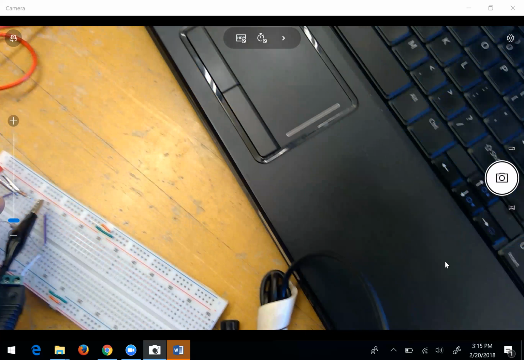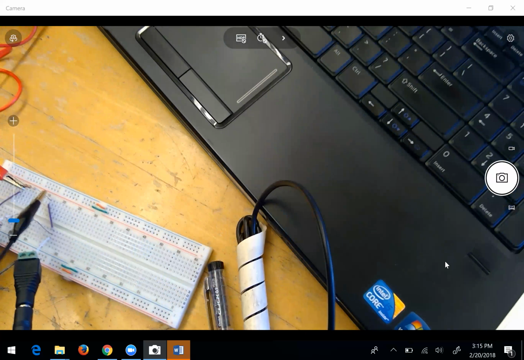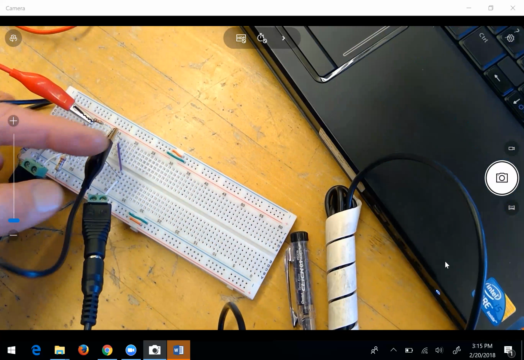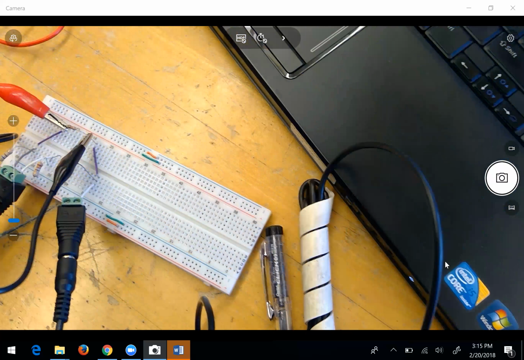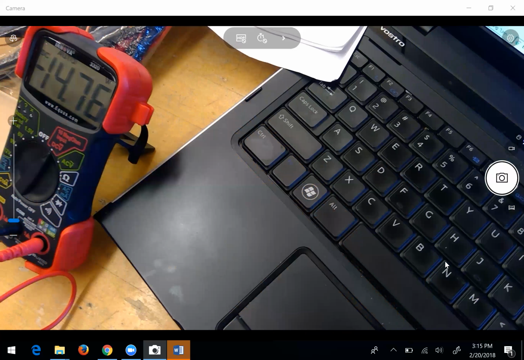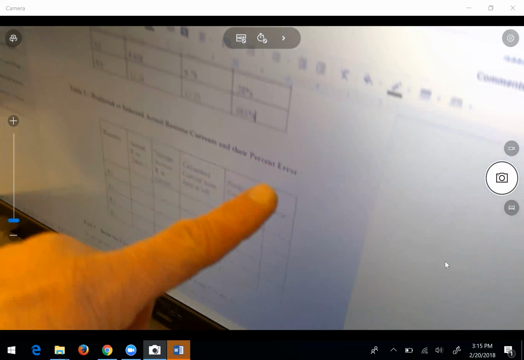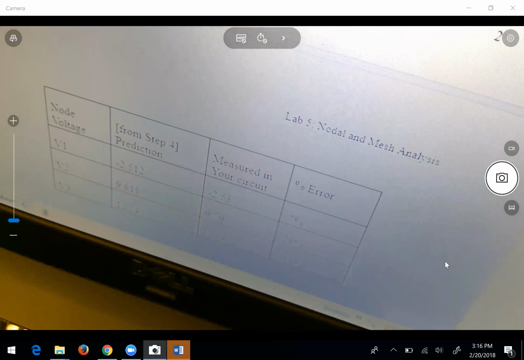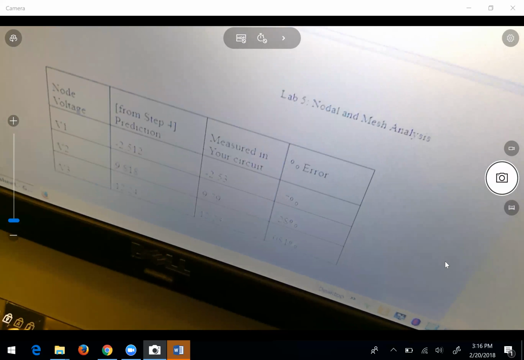You should get the same number as you do if you subtract your node voltage for V1 minus the node voltage for V3. So I might as well just measure. Right now it says minus 14.76 volts. If you take your V1 value, which is minus 2.512, and subtract the V3 value, which is 12.24, what do you get?